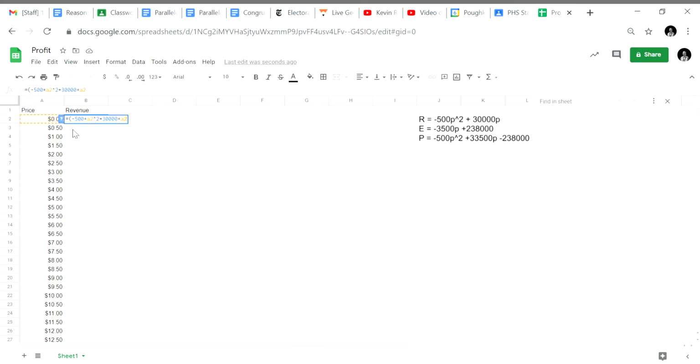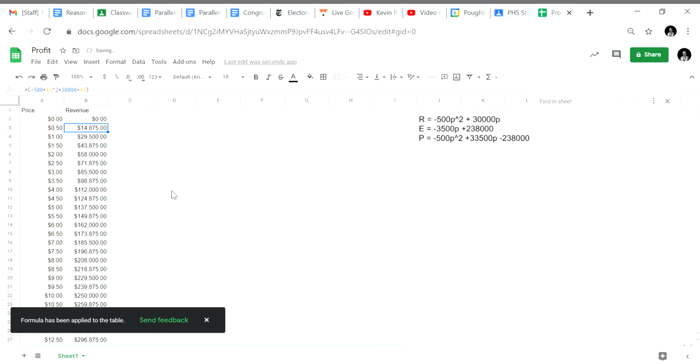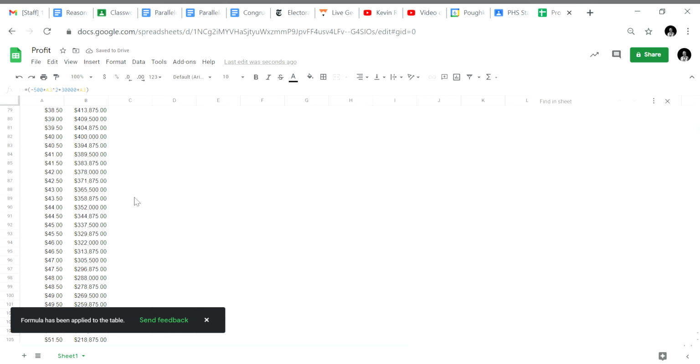And let's close the paren and hit enter, and we should get an answer, and it should be 0. And you can see it has done the suggested autofill for me. If it doesn't have it on yours, just click that blue box and drag it down and it'll fill in all those numbers for you. So I have to press control plus enter, and there we go. And you should see it hits the max and then it starts going down again.